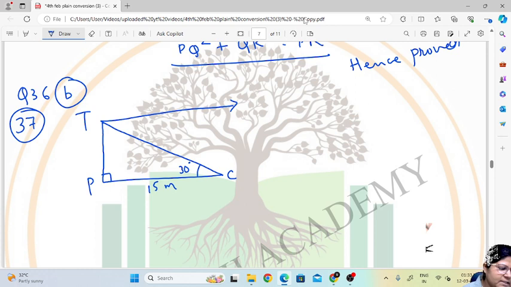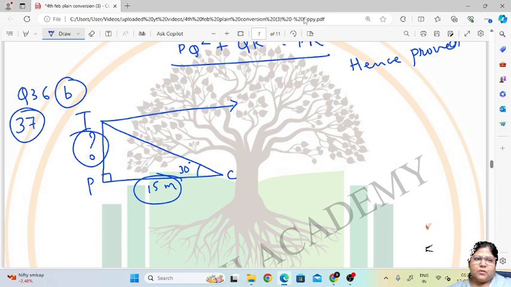If the car is at distance of 15 meter from the foot of the tower, then find the height of the tower. So basically you have been given this, you have to find this, and you have 30 degree as the angle. So this is going to be your perpendicular, or sometimes people say opposite. This we can say base, or adjacent.